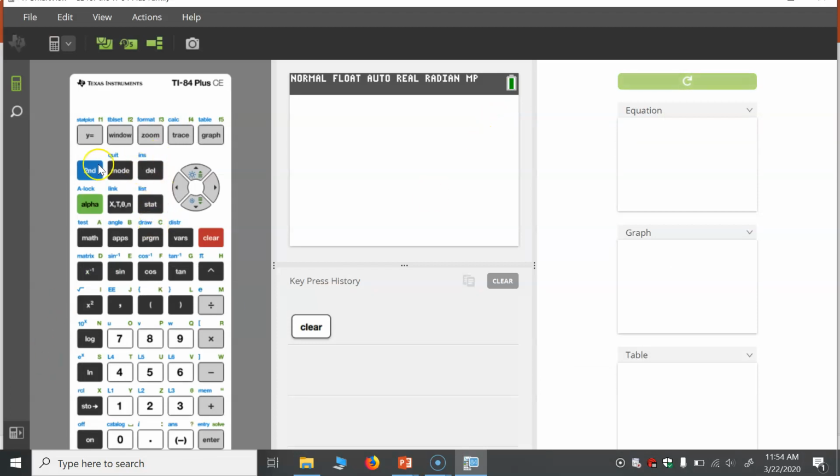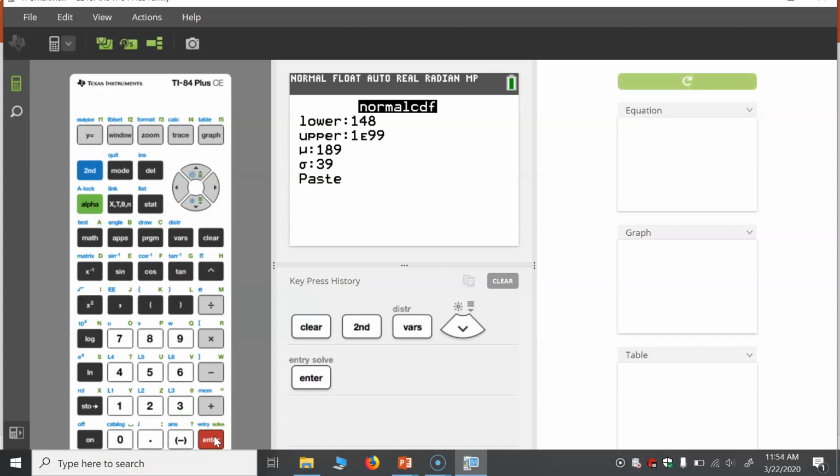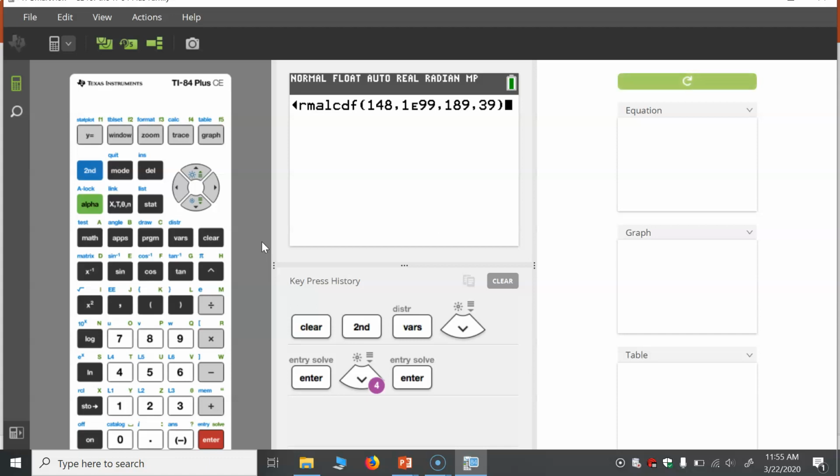I'll go to my distributions, normal CDF, and there's 148, 1E99, lower limit, upper limit, 189, 39. I'll paste. And there's that probability.